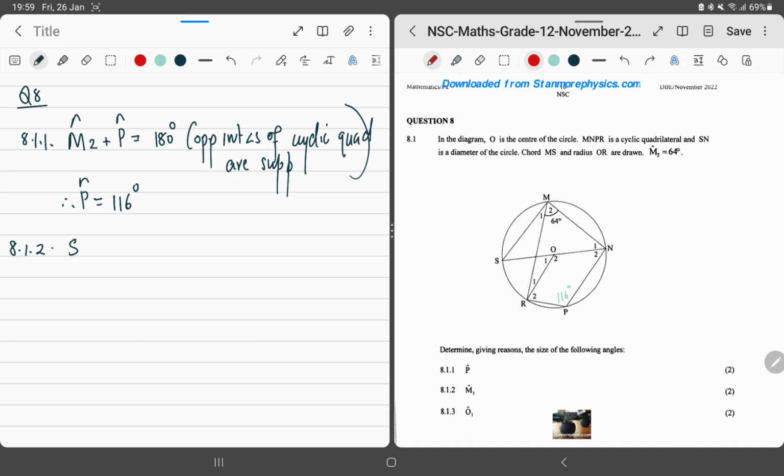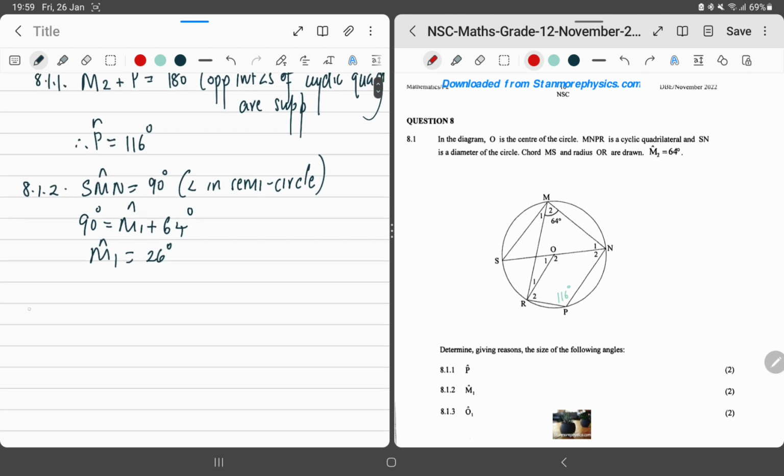So the whole of M, which is SMN, is equal to 90 degrees, angle in a semicircle. So SMN, that's 90, which is equal to M1 plus M2, which is 64. M1 is equal to 90 minus 64. That's 26 degrees.